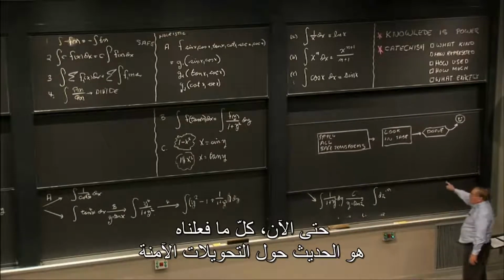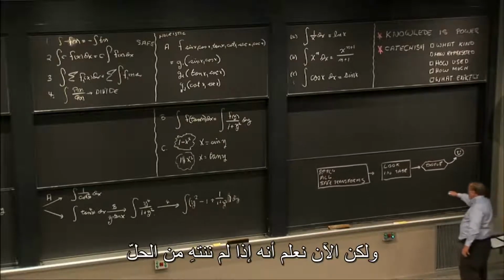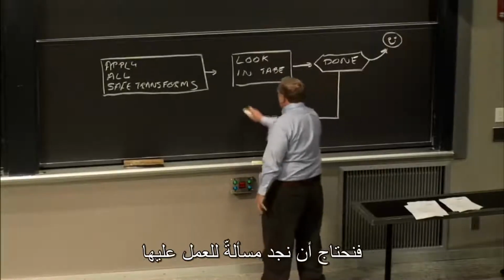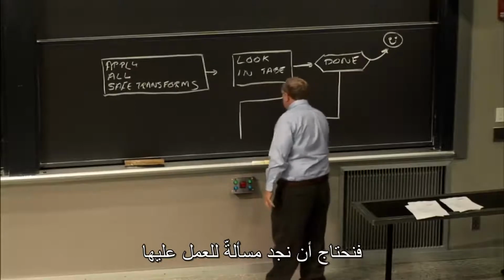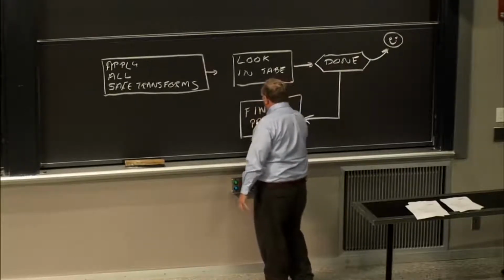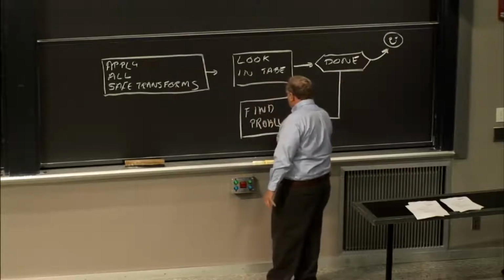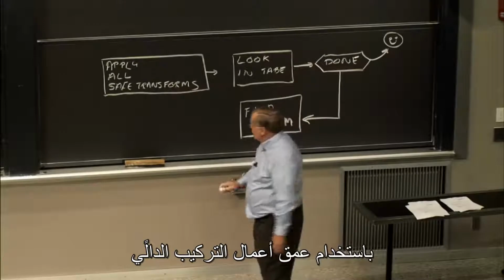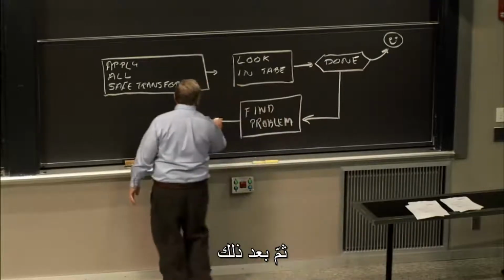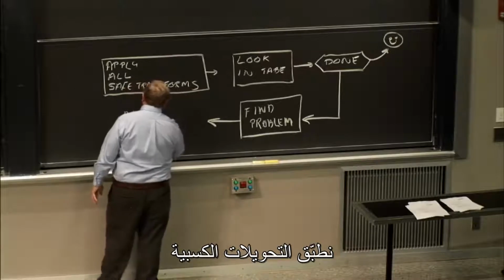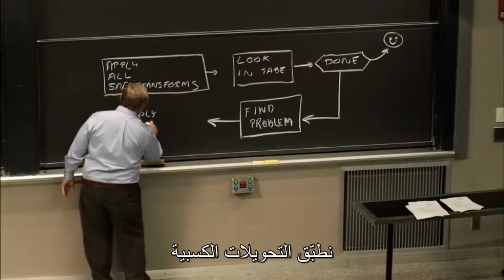So far, all we've done is talk about the safe transformations, but now we know that if we're not done, we need to find a problem to work on. Using that depth of functional composition business, and then after that, we apply heuristic transformation.